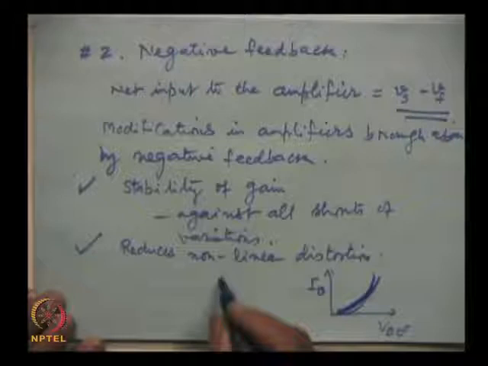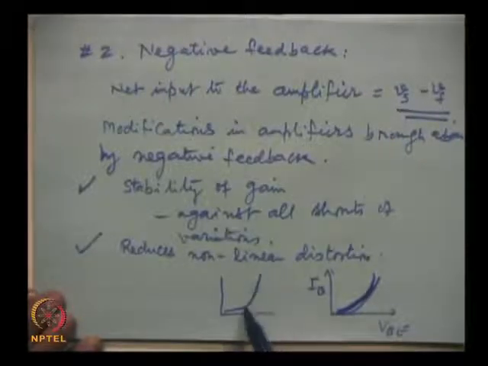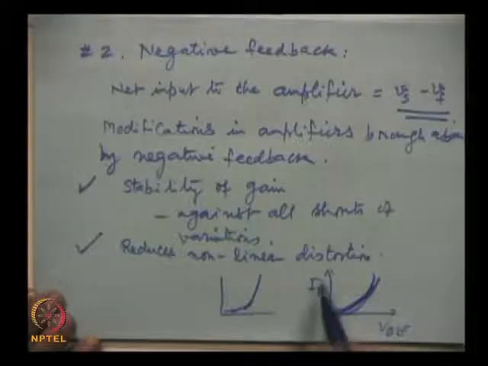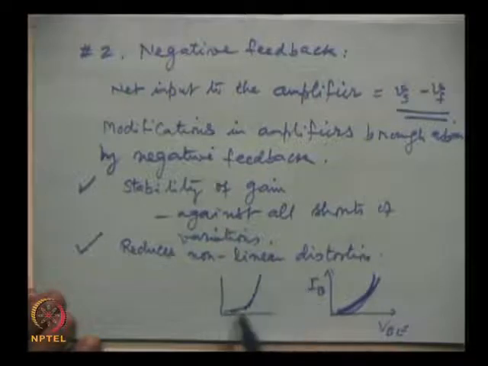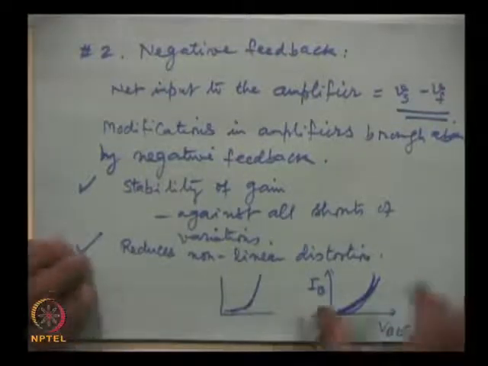It varies like this, exponentially it increases. Slope here is different than here, than here. So the same amount of variation of this voltage will give different amounts of current. If we double the voltage, current does not double in all regions. This is nonlinearity. So the negative feedback reduces the nonlinear distortion.